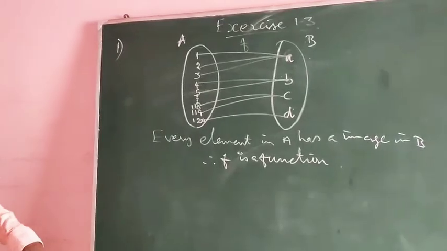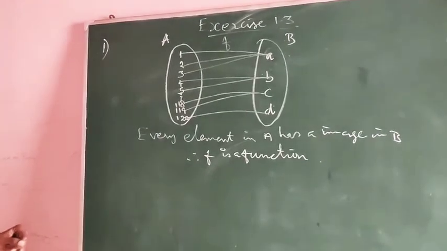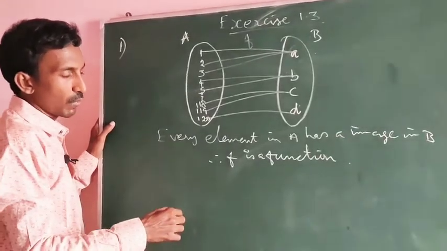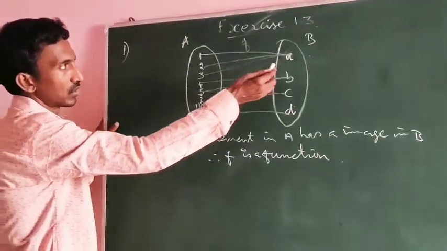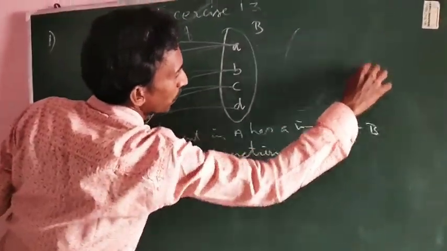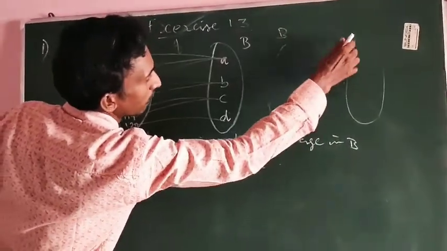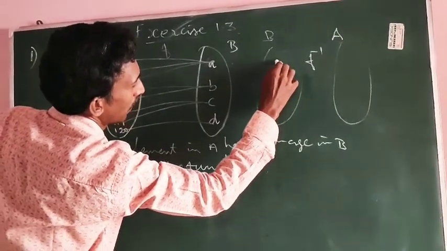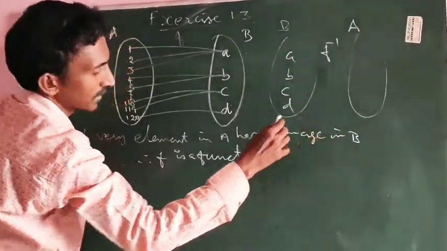So the next one is what about the inverse of this function? Just reverse. You can imagine B to A. So it is B and it is A, F inverse. A, B, C, D, 4 sections.